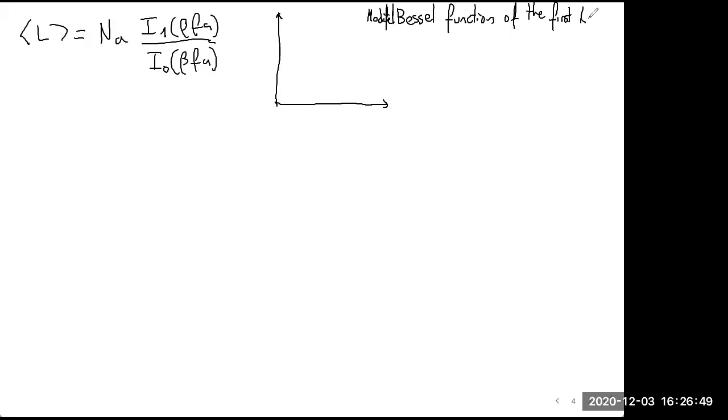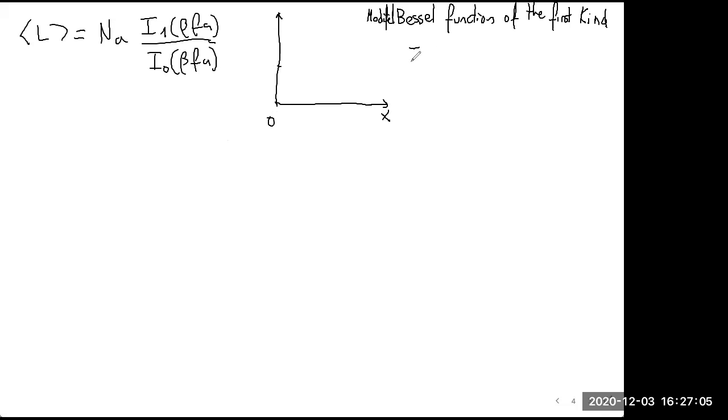Maybe I'm making a mistake here. But these are called I's. There's also the J Bessel functions. So these functions are as follows. So function I0, this is x, and I'm going to n0.